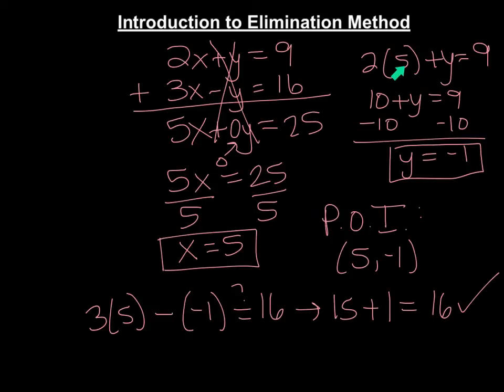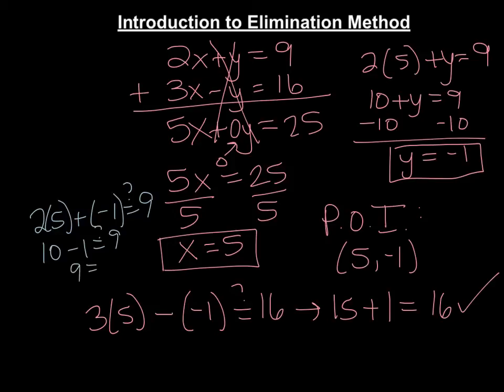We already know the two values work in the other equation because we solved for it up here, but you could check that one as well. You could plug into your top equation and verify that it works there as well.